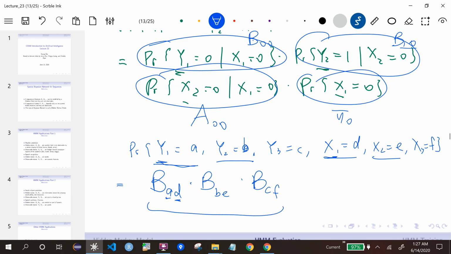These are the product of a bunch of B's. Next, the probability of starting with the state D, again either 0 or 1, is pi D. Then we are transitioning from D to E, so this is A_DE, and lastly A_EF. So it's the product of the A's starting with a pi, and the product of the B's.